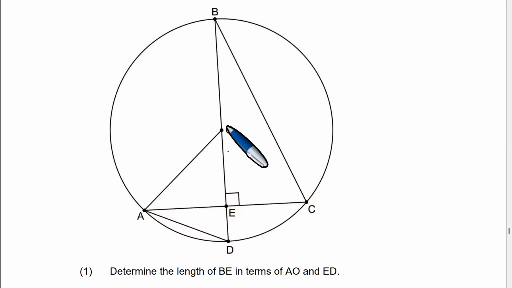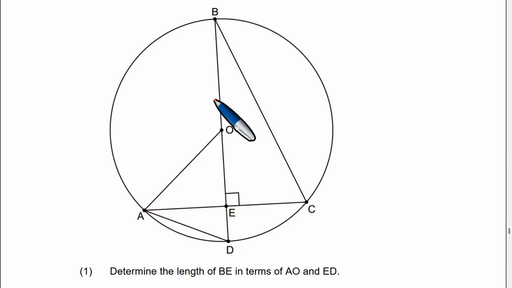Because we can see that BE, in Afrikaans they say amper, almost, is almost the diameter, but what is it short of to reach D? It's short of this little thing here.